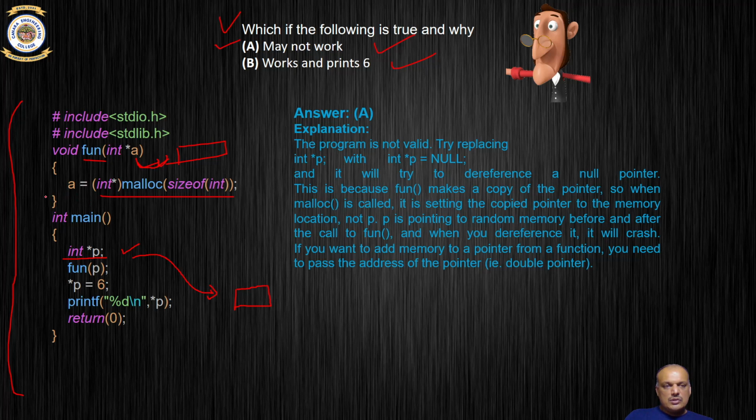So the moment you come out of this function, the local pointer A is deallocated. It doesn't exist at all. So you cannot do this. It doesn't return anything to you. This is not the right way of allocating memory space to pointers in a function.